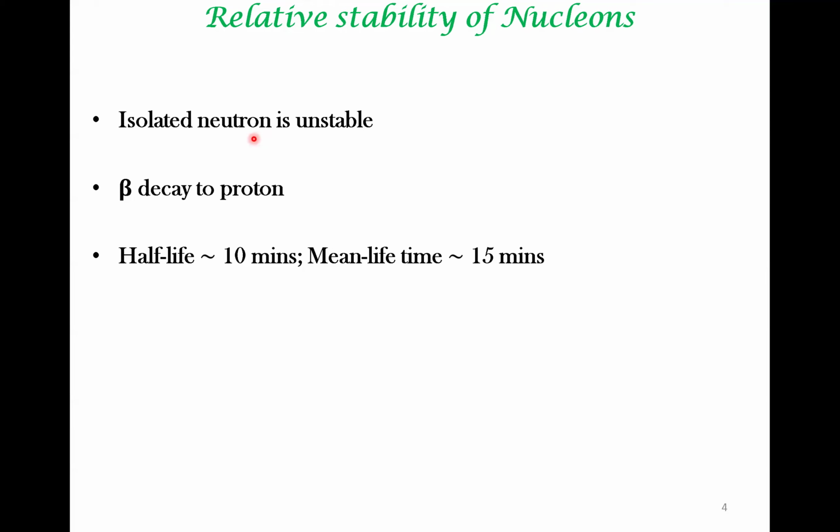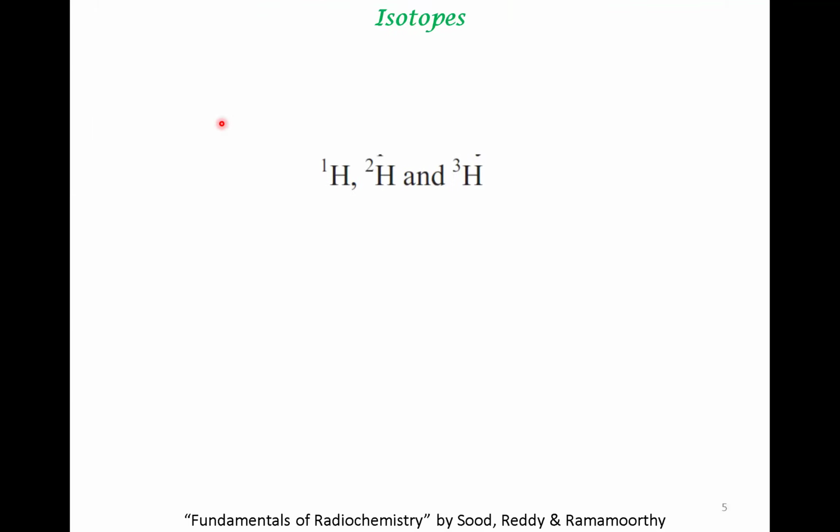Because of the attractive interaction between the neutron and proton, the neutron in the deuterium atom can get stabilized and can exist. So deuterium is not radioactive. An isolated neutron is unstable, but a neutron can be stabilized in the presence of a proton because of strong nuclear forces.